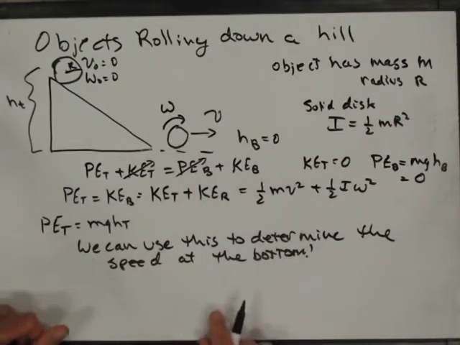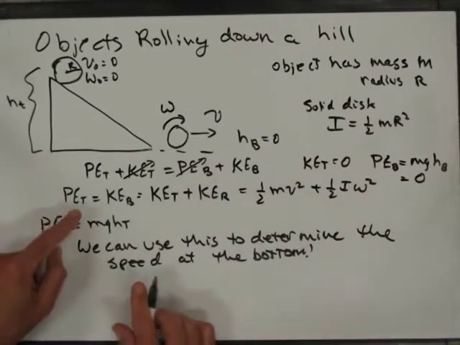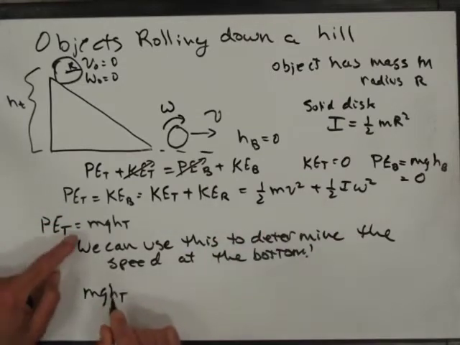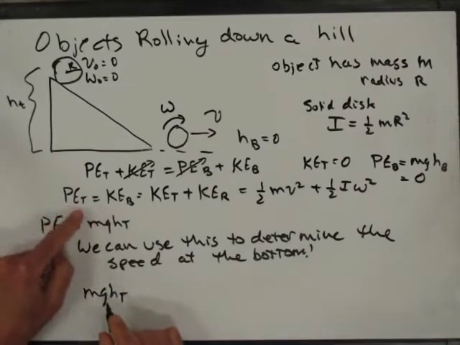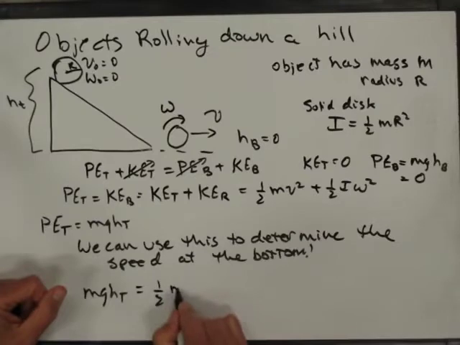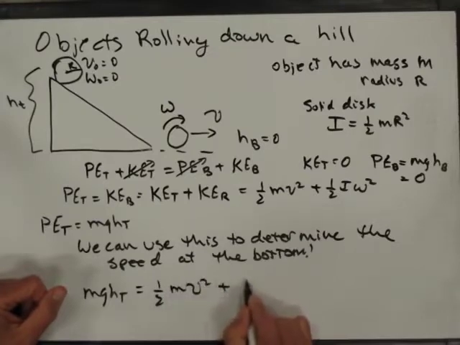We can use this information to determine the speed at the bottom. So we get mg h top equals 1/2 mv squared plus 1/2 I omega squared.